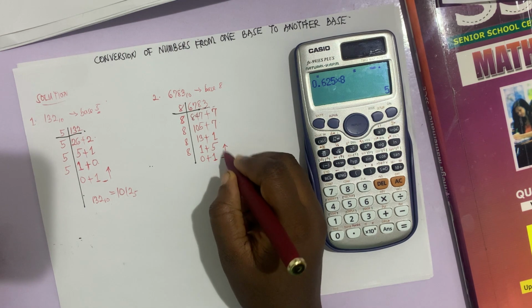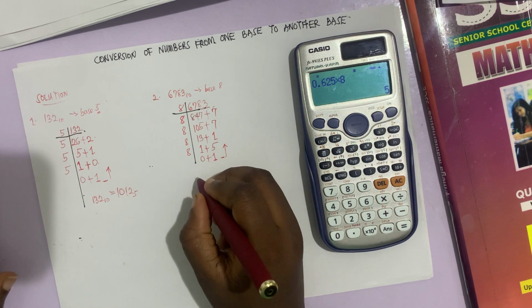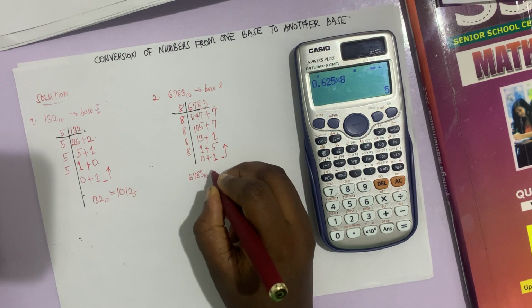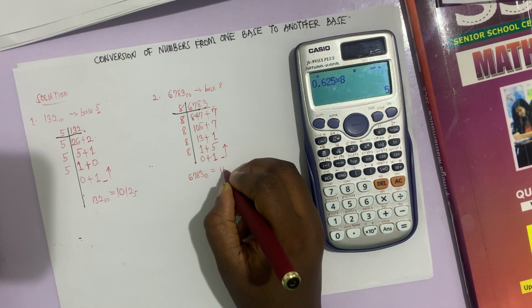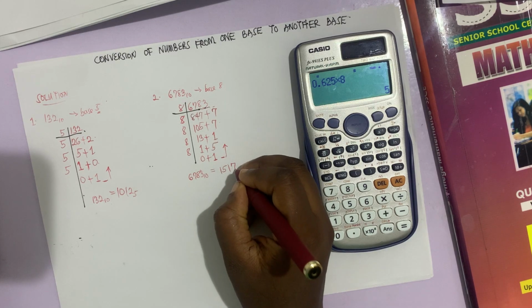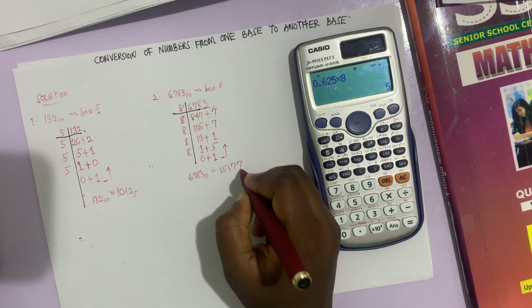So we record the remainder starting from the last one. So 6783 base 10 will be equal to 15177 base 8.